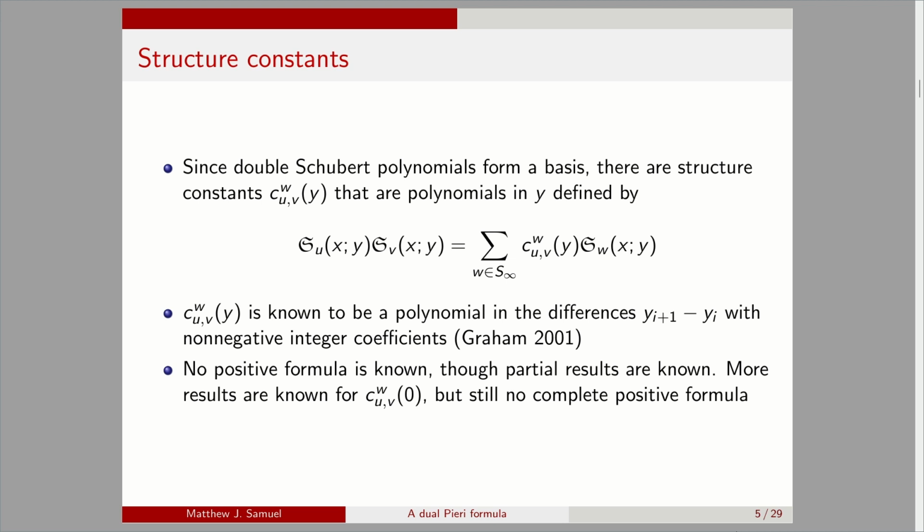So there's a positivity result known about these. c_{uv}^w(y) is a polynomial in the differences y_{i+1} minus y_i with non-negative integer coefficients. This is shown by Graham in 2001. Currently, no positive formula is known, and really none is on the horizon, though some partial results are known. Even more partial results are known for c_{uv}^w setting y to 0, but we still do not have a complete positive formula, and we probably won't anytime soon.